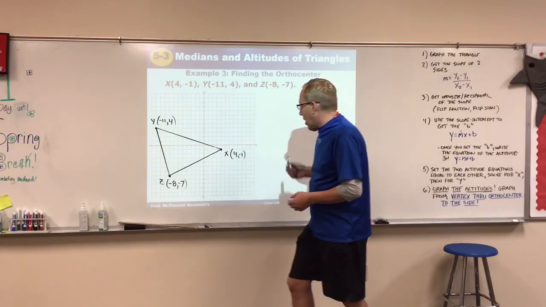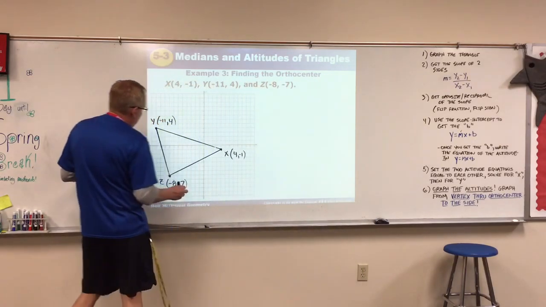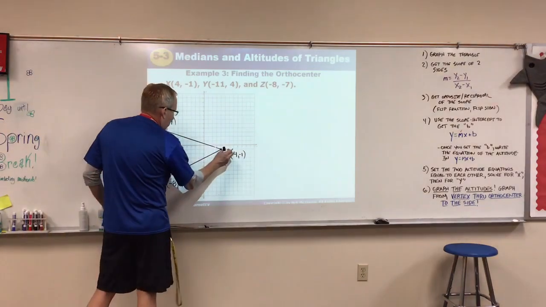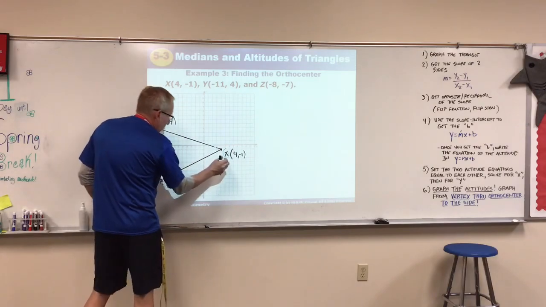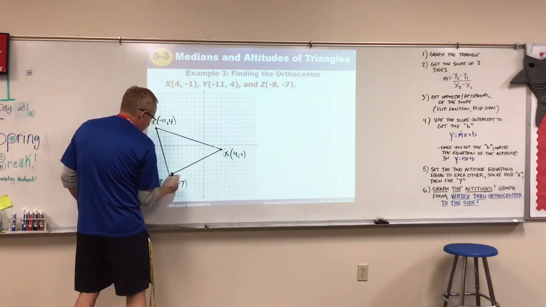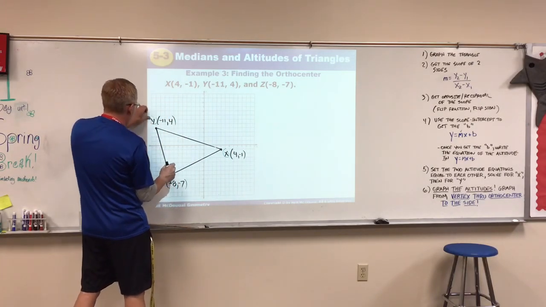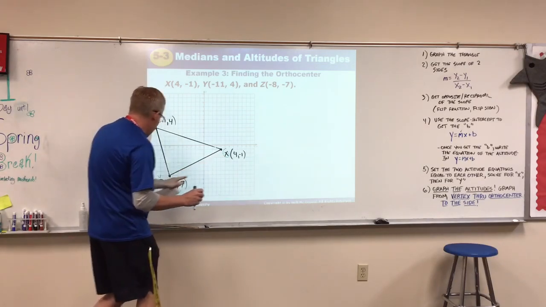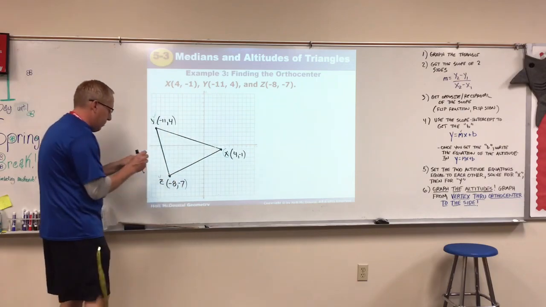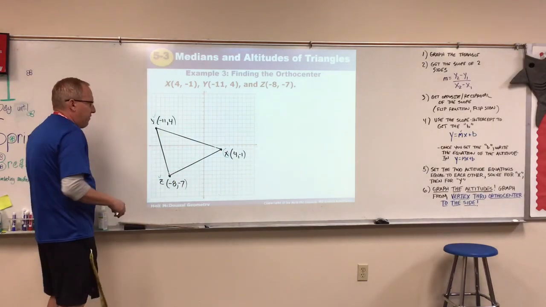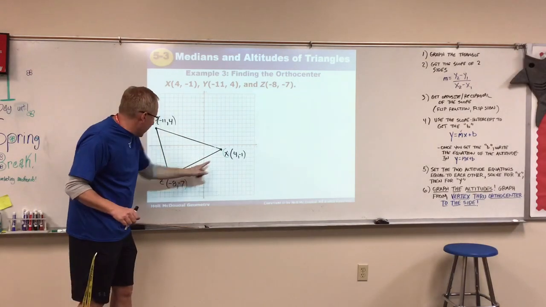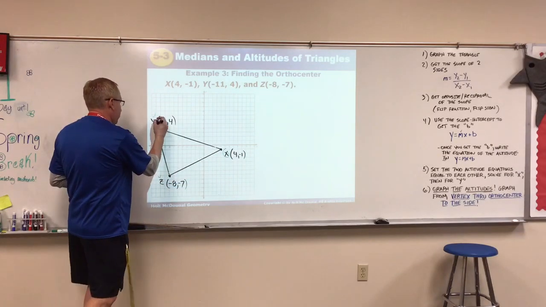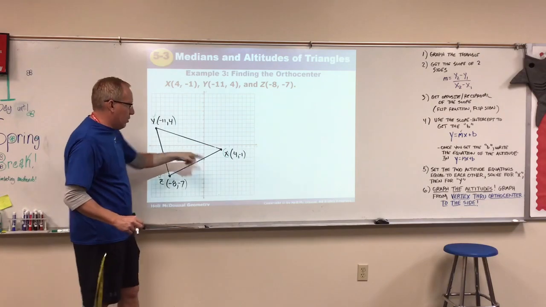All right? So I'm going to choose this in green. I'm going to choose XY and XZ. So XZ, XY, and like we did before, if I'm going to do line XZ as my one side and XY as my other side, which one is common?